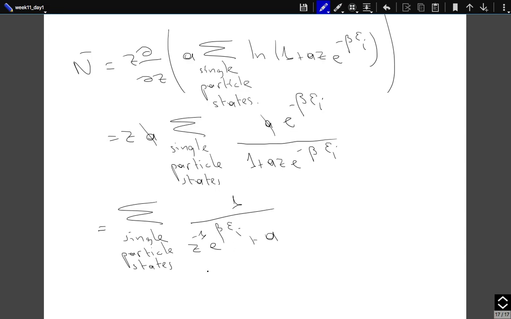And this was nothing but, if you remember, Ni star over Gi, the number of particles per state. So that's kind of expected.